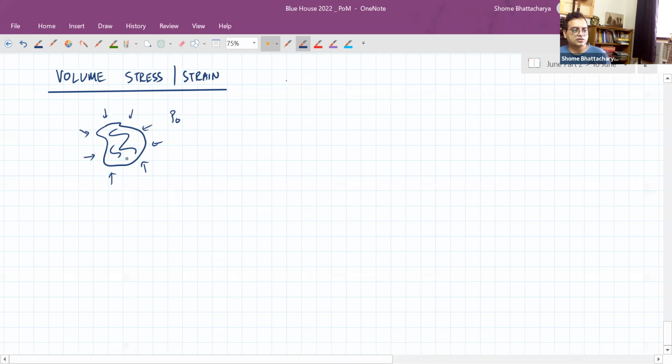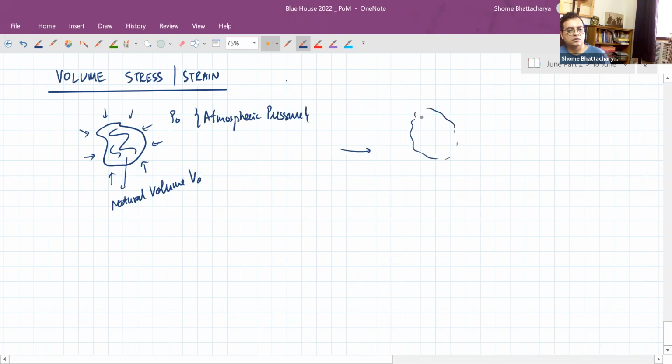So if this has a natural volume of V naught under atmospheric pressure, what will happen is that when it is placed under excess pressure, its volume will tend to contract.